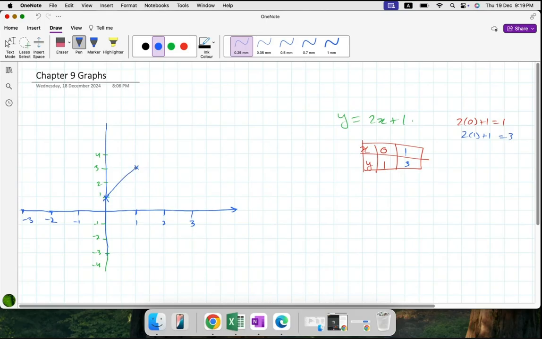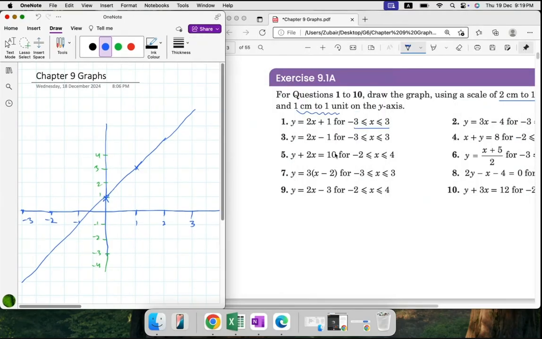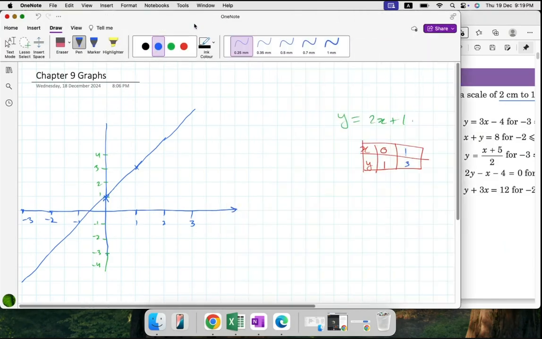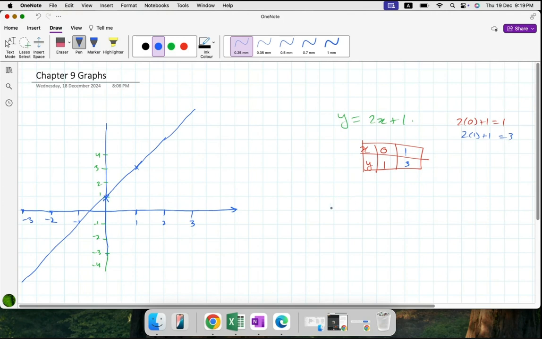Now I can use the straight edge and pencil only to draw this line. Now this is more than enough, but sometimes from -3 to 3, we may need to draw the table like this: -3, -2, -1, 0, 1, 2, 3, and y.